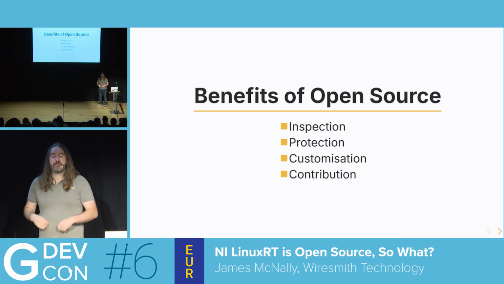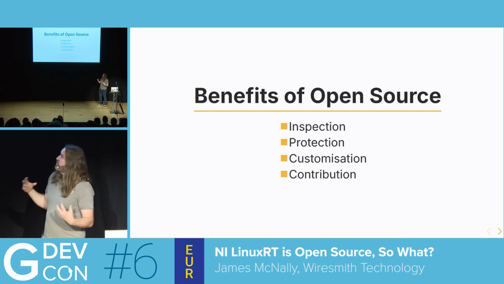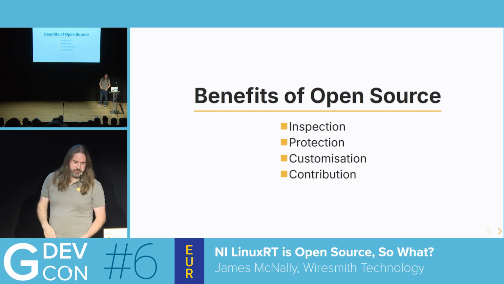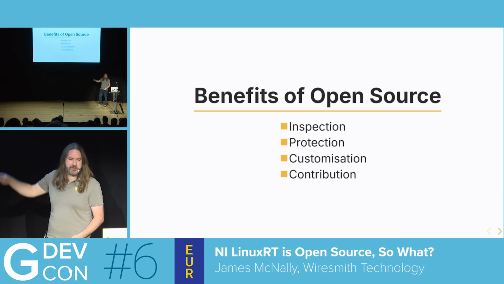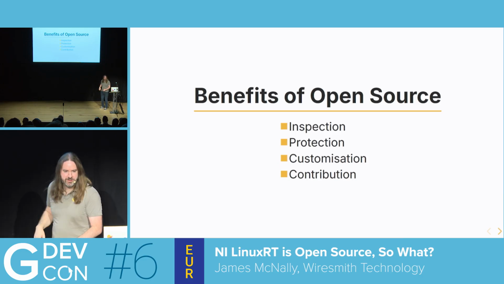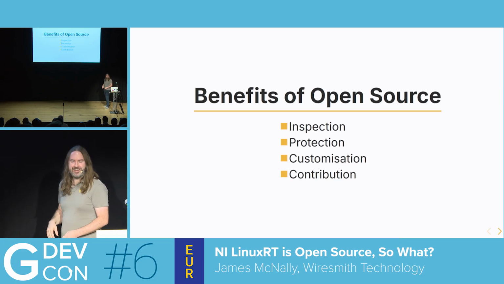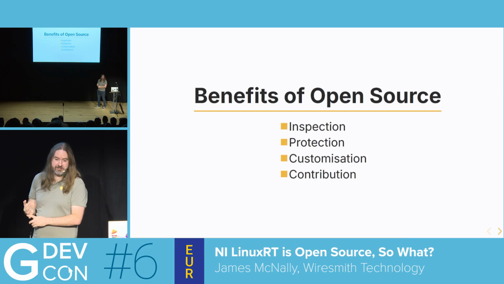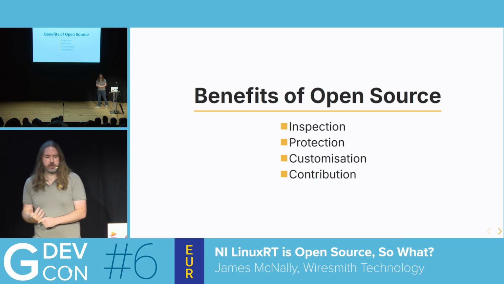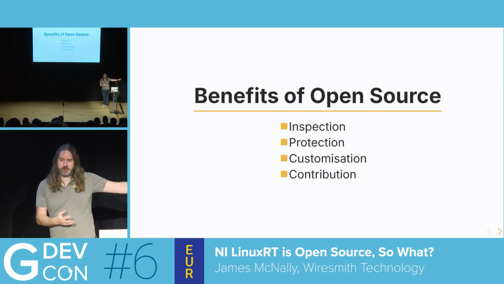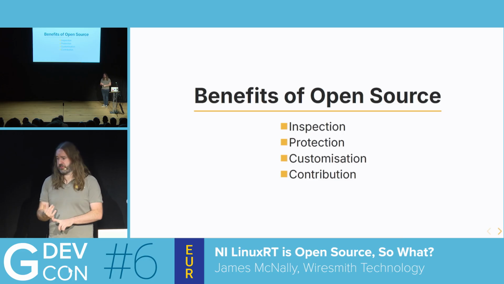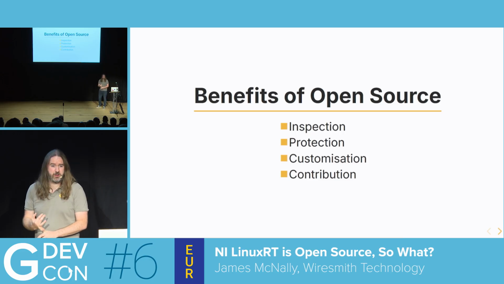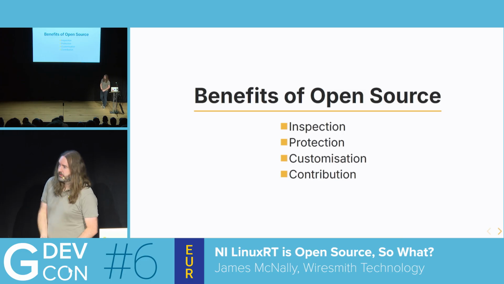What are the benefits of this system being open source and available to us? I felt creative. I wanted to make it all rhyme, so I've used some strange terms, which are probably a little too strange, but I'll work through them. The first one is inspection. I found this so useful, not only here, but in so many other places where I'm using open source. When something strange happens, you can go in and look at how the system works.